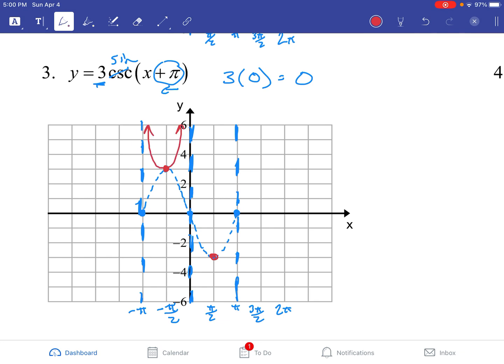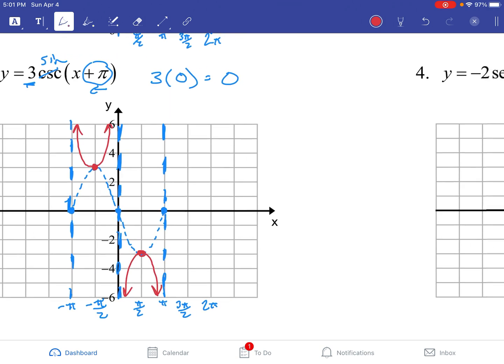They're not really parabolas, but they just look kind of like parabolas. That's why I say parabola type shapes. And that is that graph, 3 cosecant of x plus pi. So again, I graph the sine function first as a dotted line, and then put this cosecant function on top of it. All right, let's try another one.